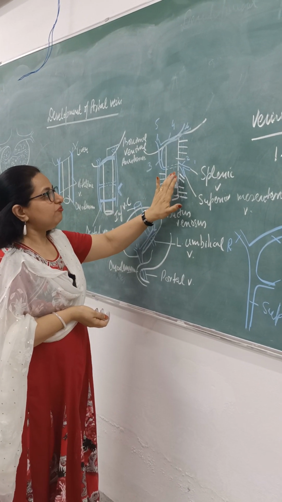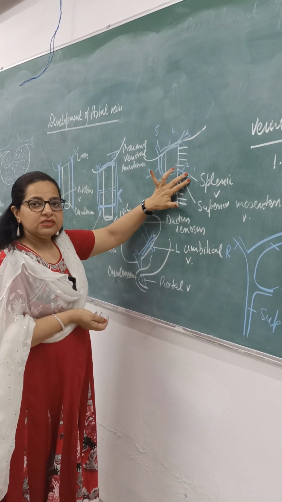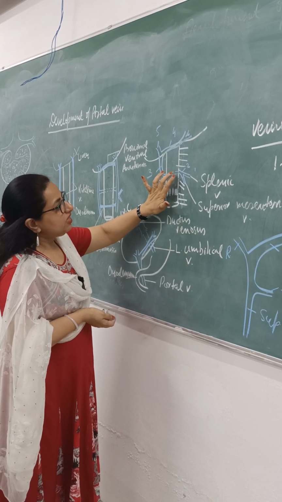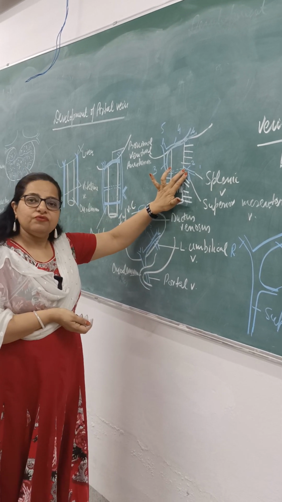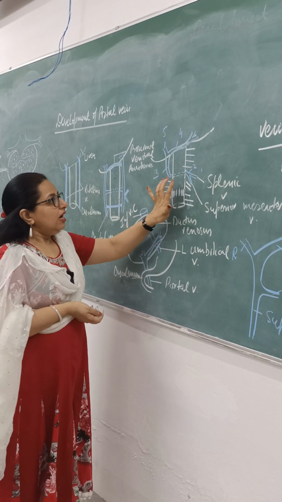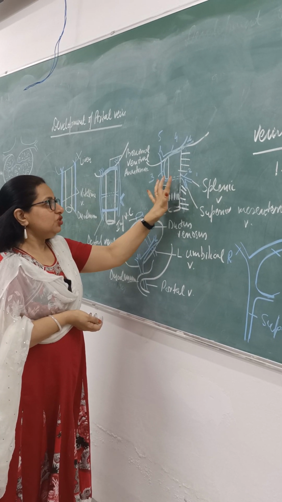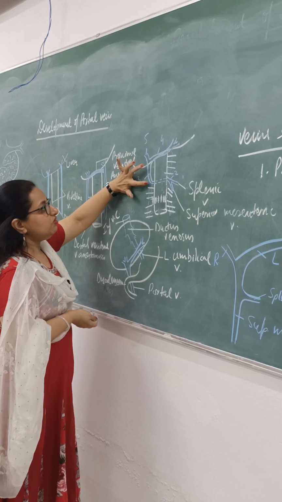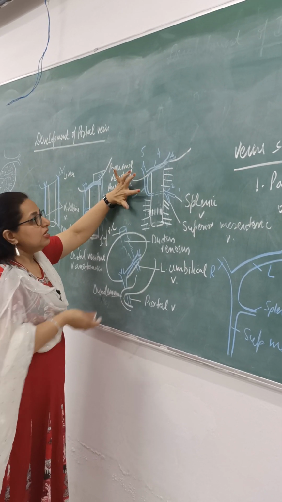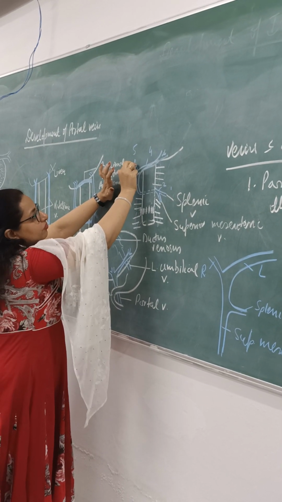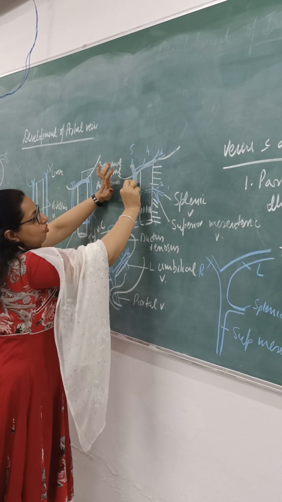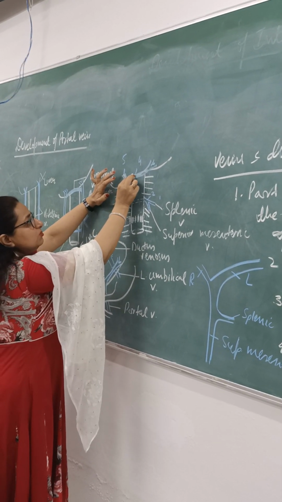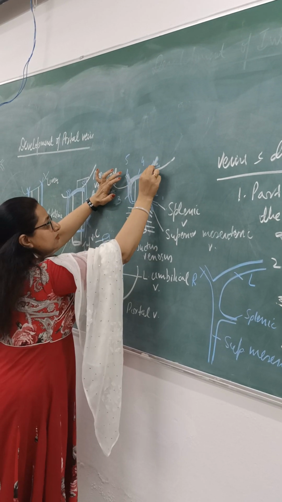Now the portal vein will be formed by the splenic and the superior mesenteric vein, the part of the left vitelline vein between the dorsal anastomosis and the attachment of the splenic and superior mesenteric, right? The dorsal anastomosis as such, and the part of the right vitelline vein between the dorsal and the proximal ventral anastomosis. Then the whole of the vitelline vein on the right side will remain, and the proximal ventral anastomosis as such will remain.